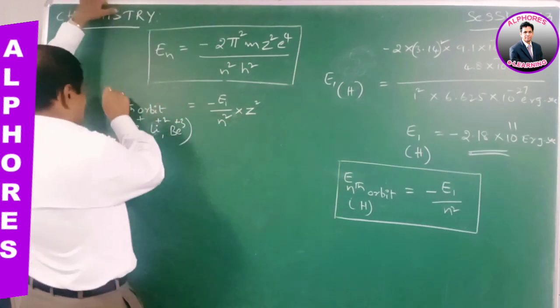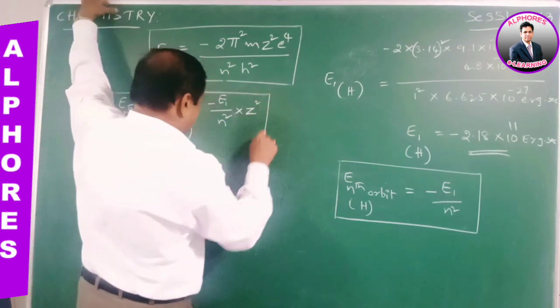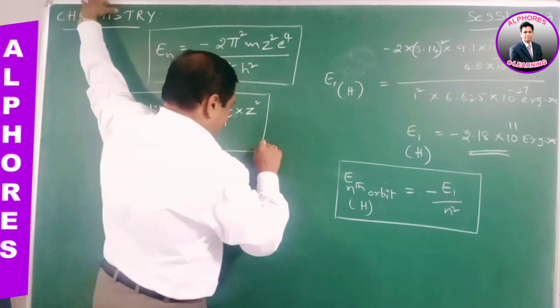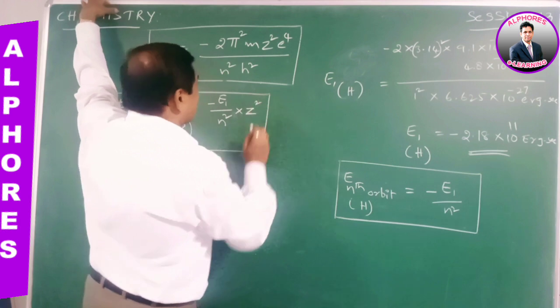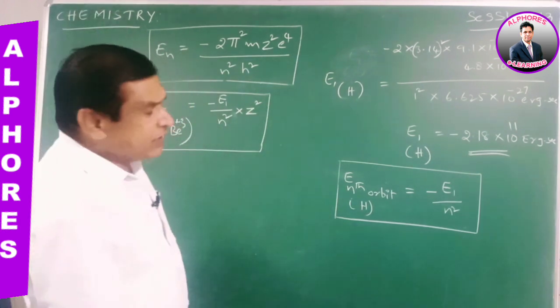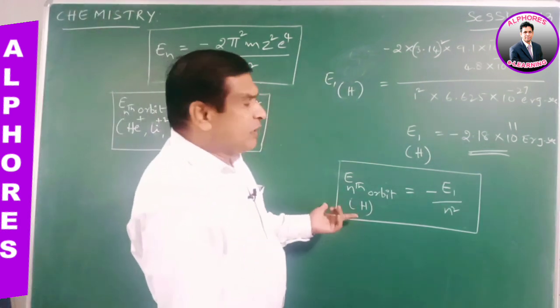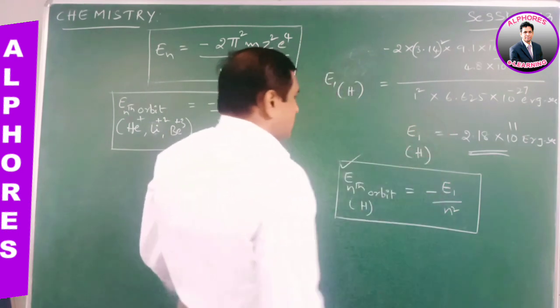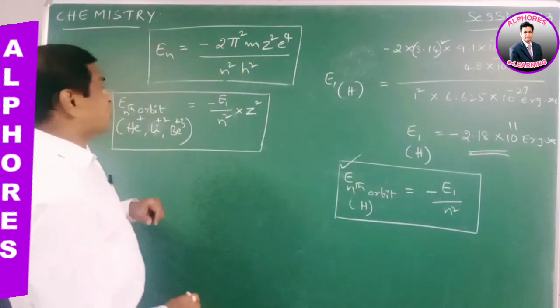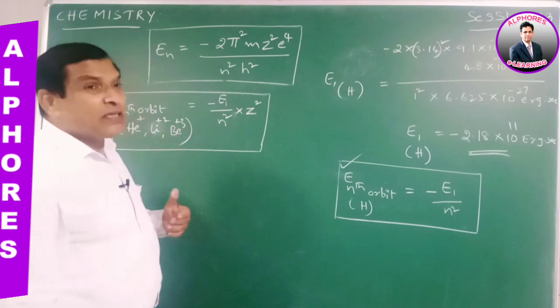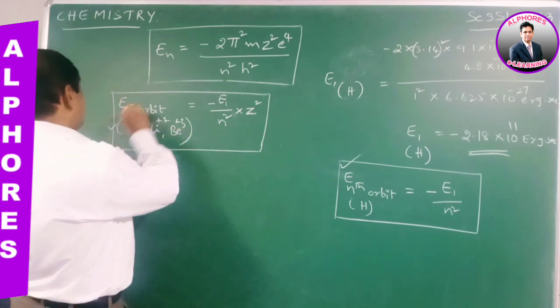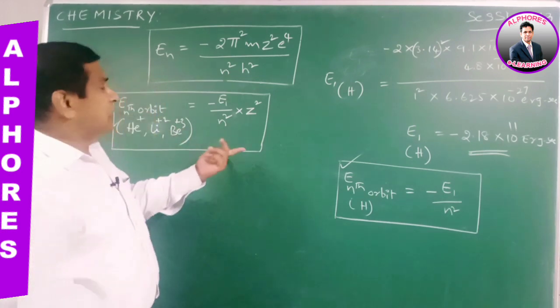So the energy of the electron in the nth orbit of species like hydrogen atom is important.